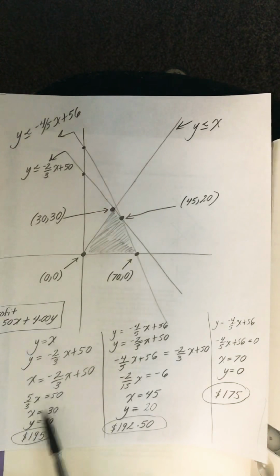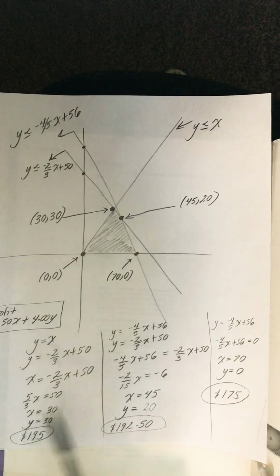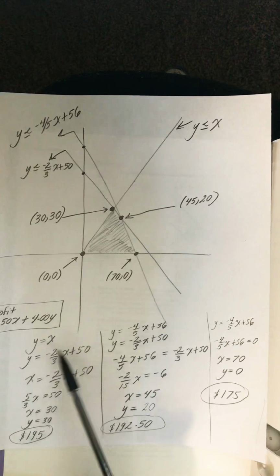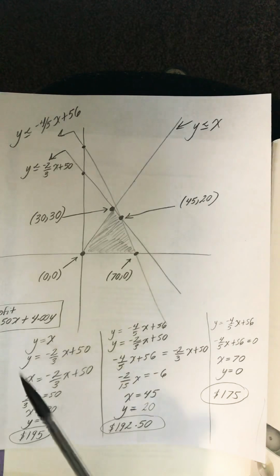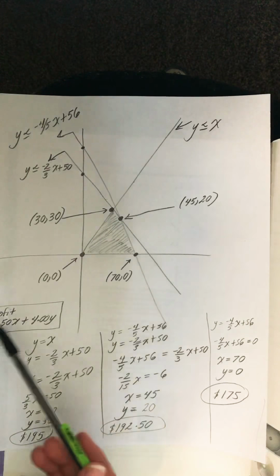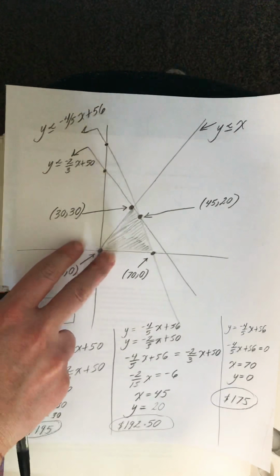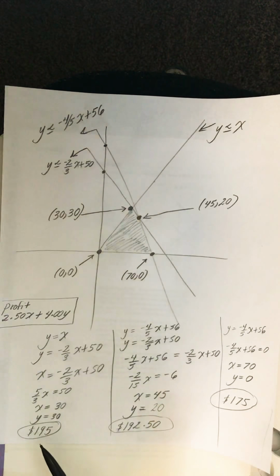I added 2/3 x over, got 5/3 x equals 50, and solved for x: x equals 30. Then I plugged 30 back into either of the equations, up here's the easiest, so y is 30. Then I plug x and y into our profit equation: 2.50 times 30 plus 4 times 30, and I got $195 of profit.